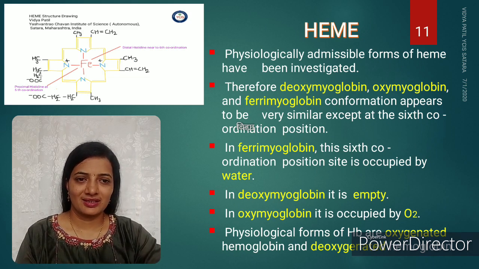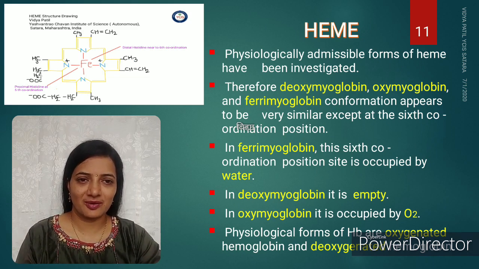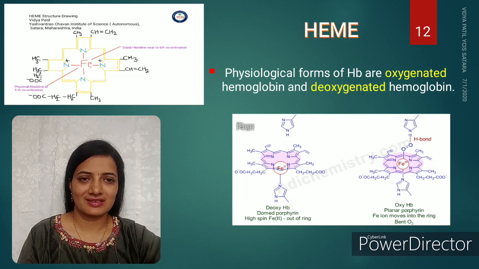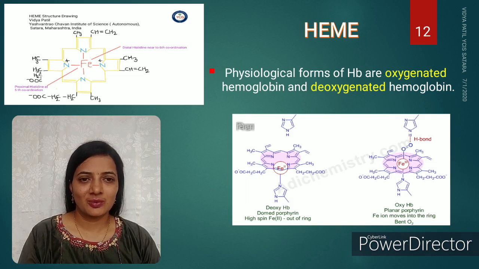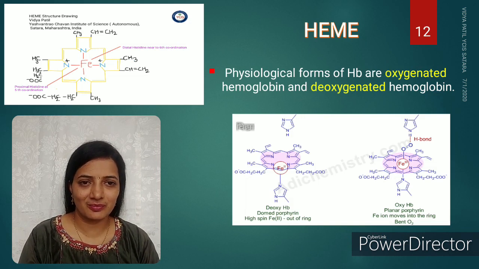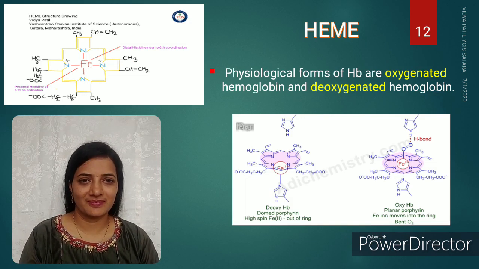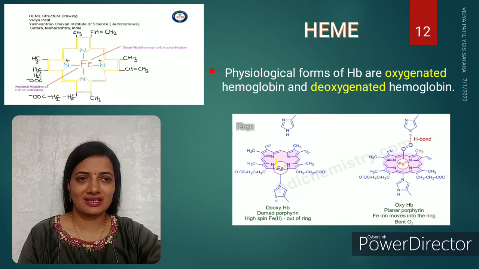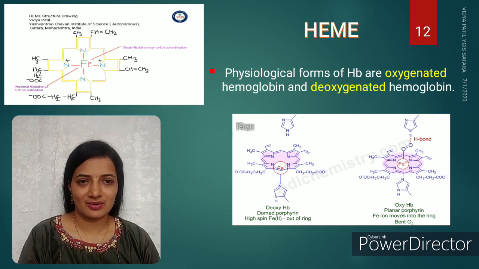For hemoglobin there are also physiological forms, oxygenated hemoglobin and deoxygenated hemoglobin. Just see, physiological forms of the hemoglobins are also investigated as deoxyhemoglobin and oxyhemoglobin. In case of deoxyhemoglobin, just see this diagram, the sixth coordination is empty. There is no binding of oxygen.